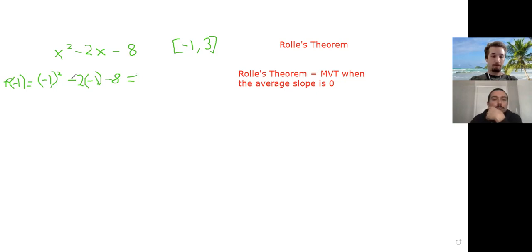Or wait, I'm doing awfully on math. -5. My bad. Because it would be 1 plus 2 minus 8. So f of -1 is -5.